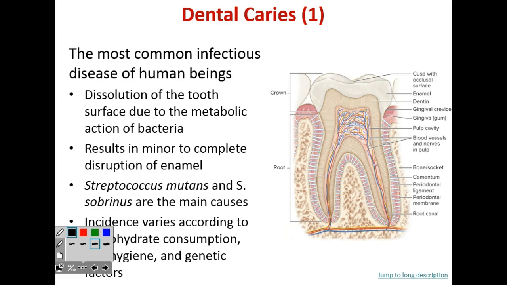So if you were asked to list the microorganisms involved in tooth decay, and discuss the sequence of events leading to the development of periodontitis. What is periodontitis?